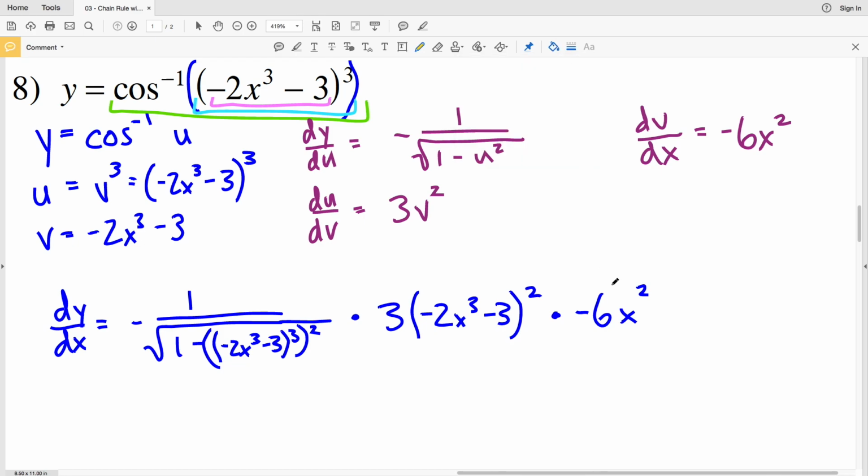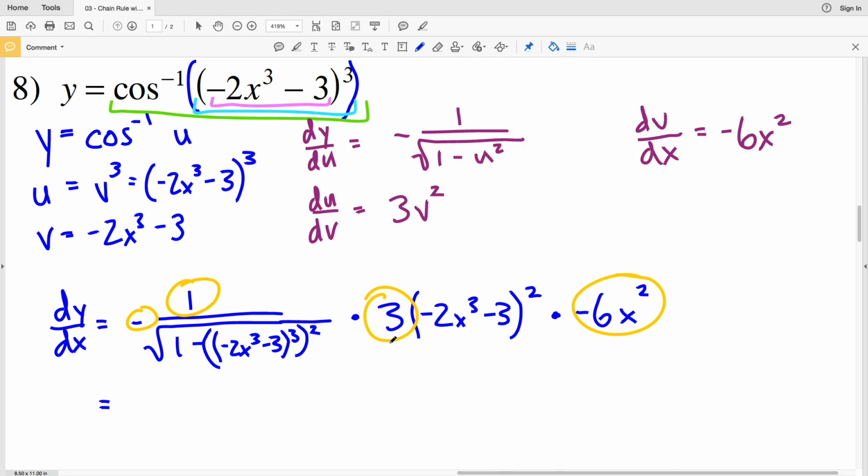So now what I'm going to do is multiply out the numerator. So this is a negative 1, which will get multiplied by 3, which will get multiplied by negative 6x squared, and that will get multiplied by the quantity negative 2x cubed minus 3 squared. So again, I'm taking negative 1, multiplying it by 3, and multiplying it by negative 6x squared.